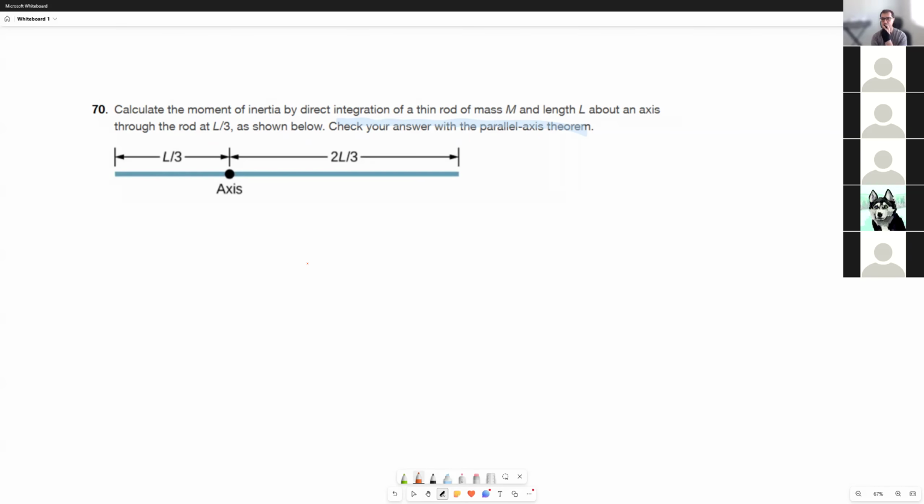Is it I CM plus M D squared? Okay, what is CM, Eric? What is center of mass? Center of mass is L over 2, exactly at the center. The axis that passes through the center of mass, that's going to be the axis that passes. This is the center of mass.